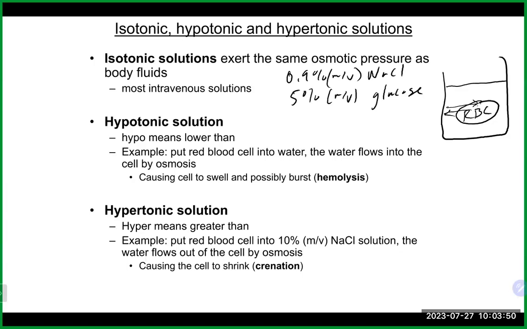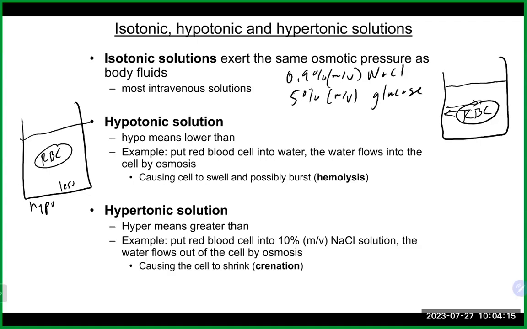Now, we have some solutions that are hypotonic, and hypo means less than. So that would be solutions that are less than 0.9% sodium chloride or 5% glucose. And if you take your red blood cell and drop it into a hypotonic solution, that means outside of the cell is less concentrated than inside the cell.